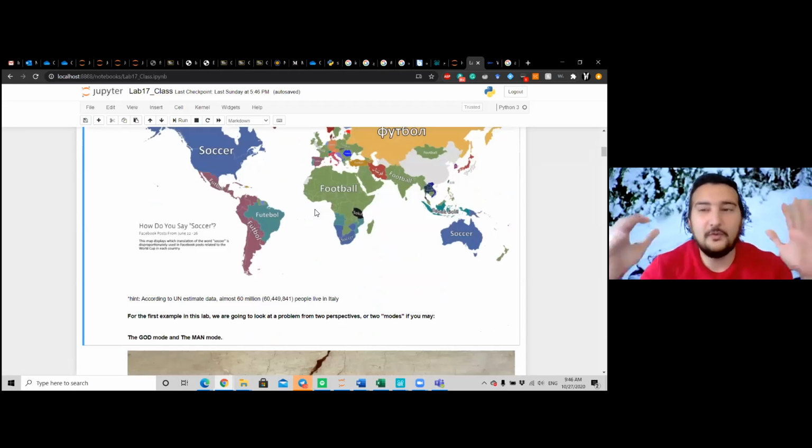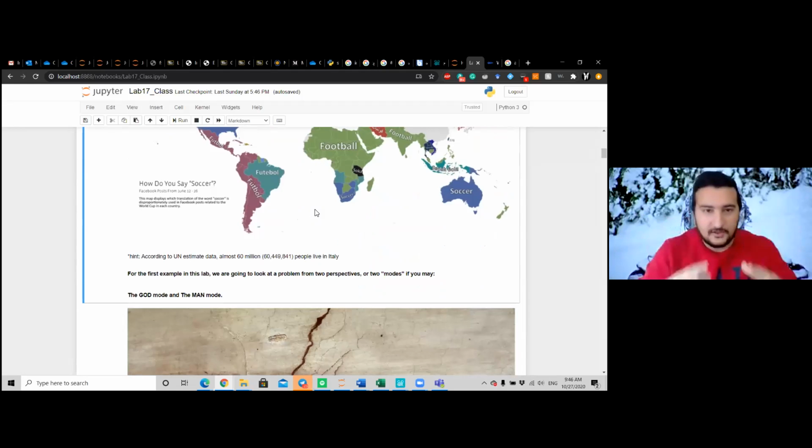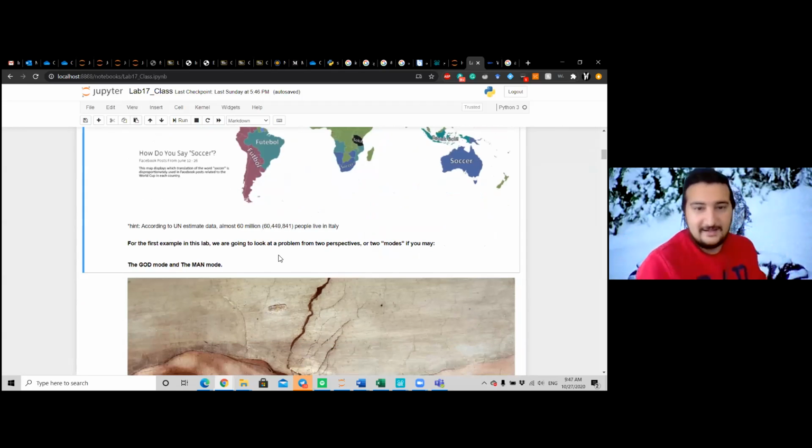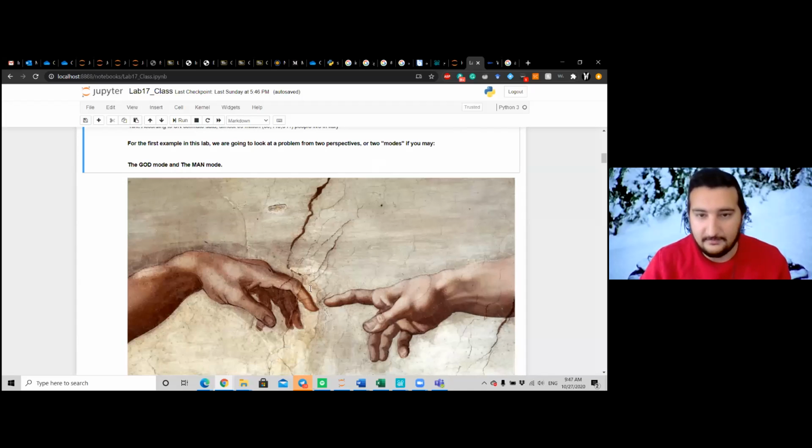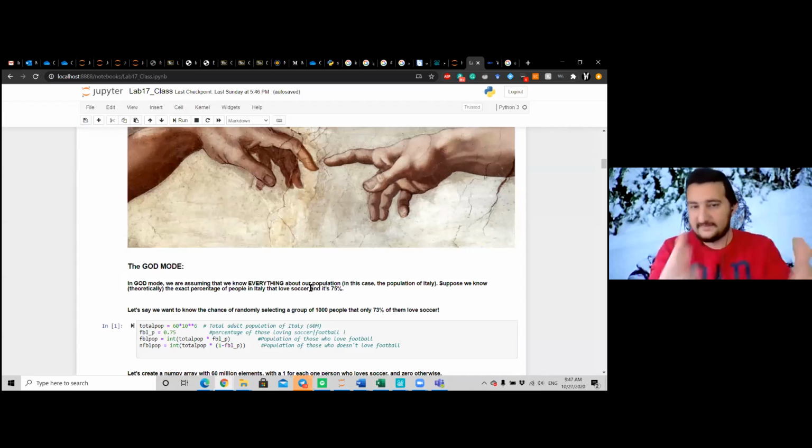We are going to work on this example in two modes: the God mode and the man mode. For those of you who are into gaming or other kinds of programming, God mode may have a specific meaning. By God mode in this example, we mean that we are assuming that we know everything about our population, in this case the population of Italy.